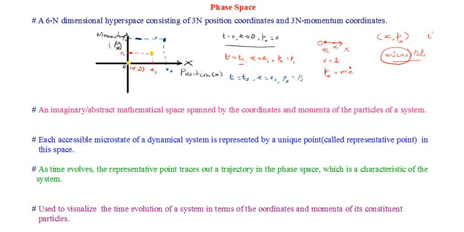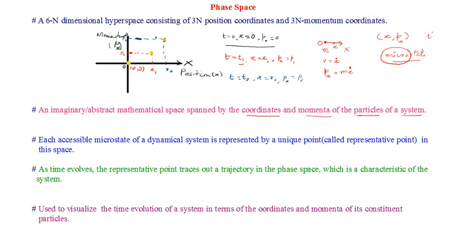Now, this type of diagram, in which the axes are represented by coordinates and momenta of the particles of a system, on the axes we will be taking the coordinates and momenta. Both coordinates and momenta should be there as the axes.